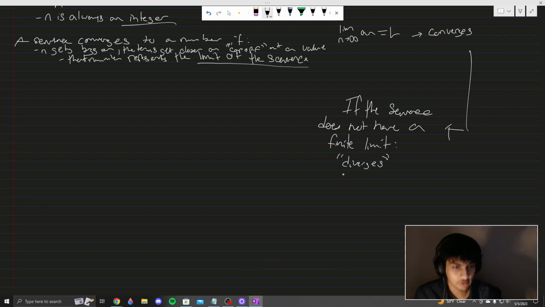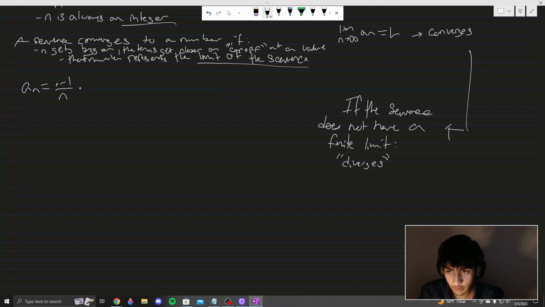Okay, and this introduces our concept of convergence and divergence. So if we give an example of divergence over here, we'll start off with convergence. a sub n equals (n minus 1) over n.